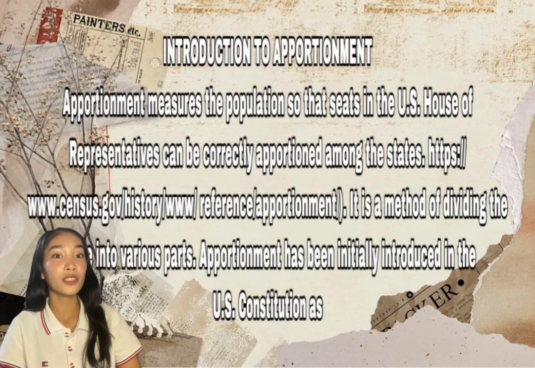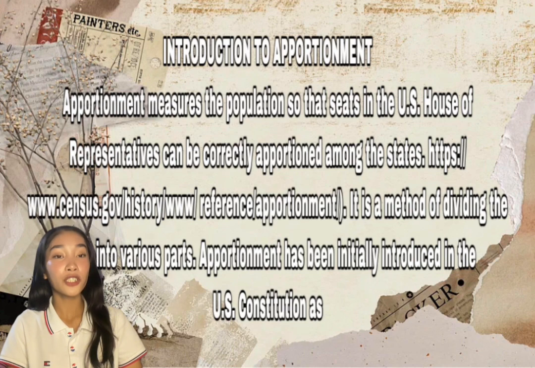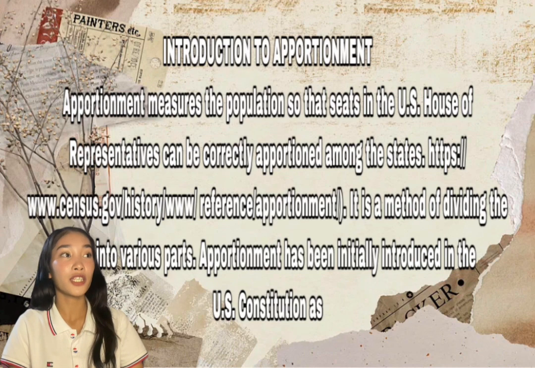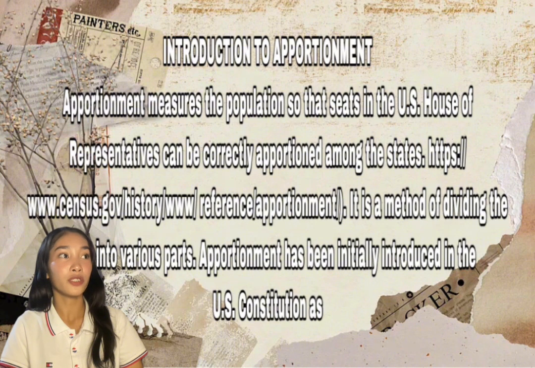So let's tackle what apportionment is. As you see here, apportionment measures the population so that seats in the US House of Representatives can be correctly apportioned among the states. The reference of this apportionment is in the description box. It is a method of dividing the whole into various parts.